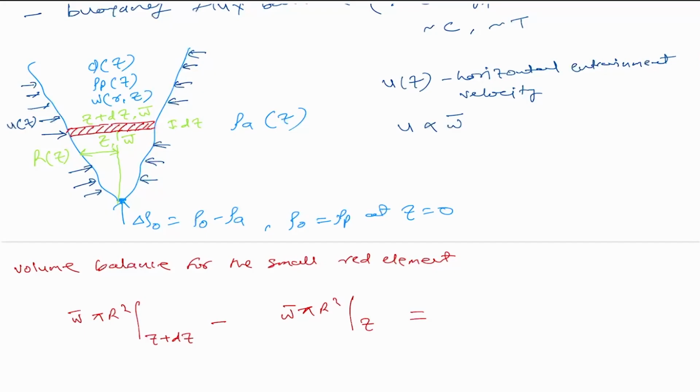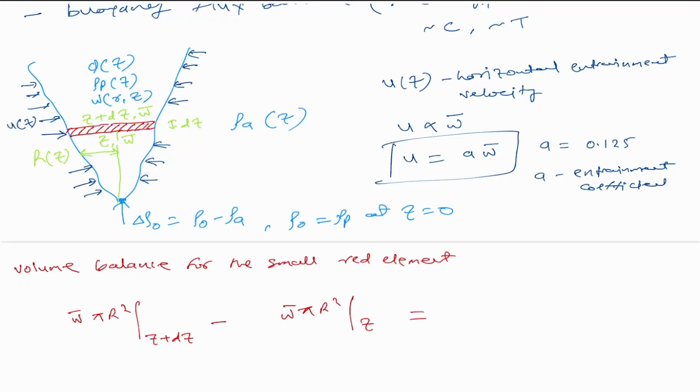Experimentally it is found that this is equal to this particular expression, where a has a value of 0.13, or to be precise 0.125, and this a is known as the entrainment coefficient.